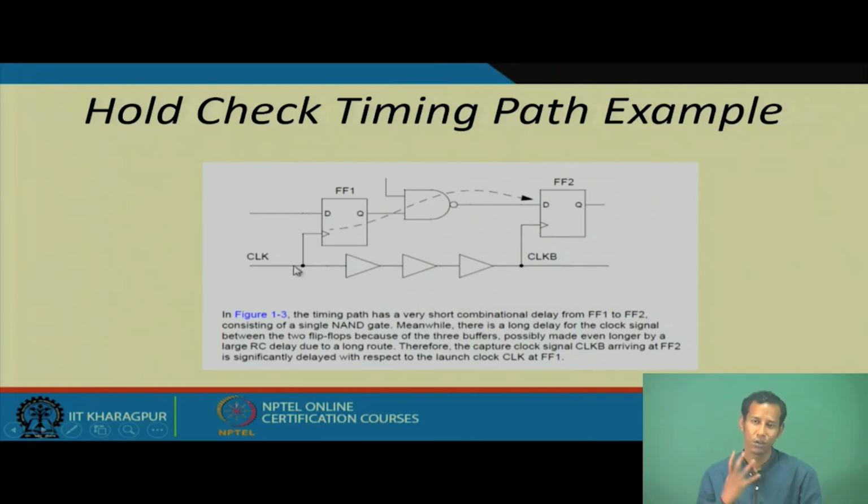But in an actual case, it does not look like that. Why? Because when you synthesize a digital IC core, all the sequential elements are not placed at one particular place.